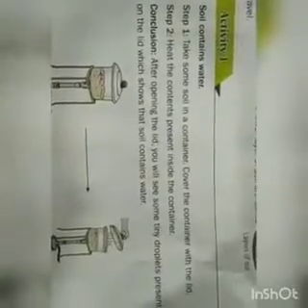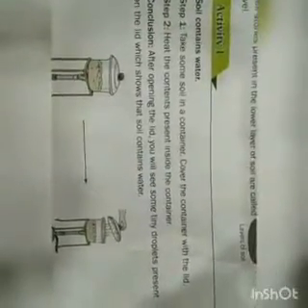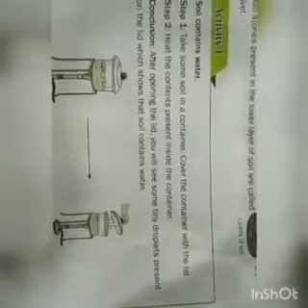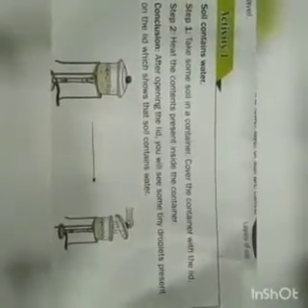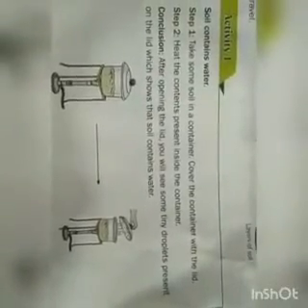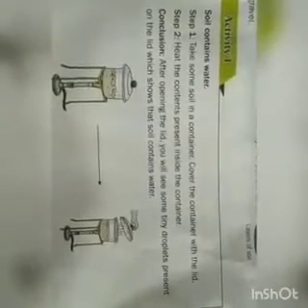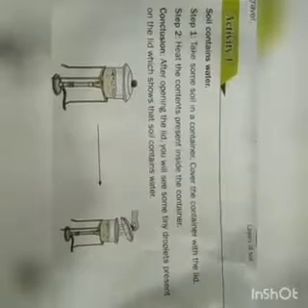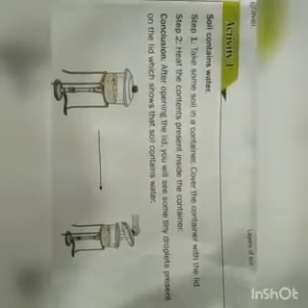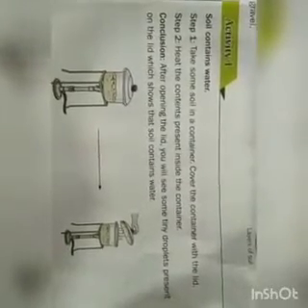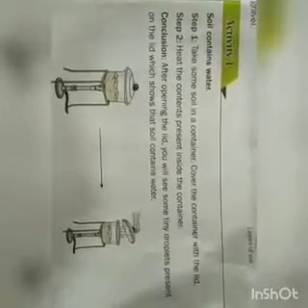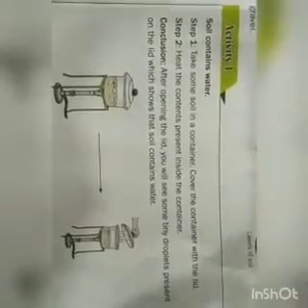So step 1 is take some soil in a container, cover the container with the lid. Okay, and step 2 is heat the contents present inside the container. So after putting the soil in a container, you have to cover it, and after that you have to heat this container.